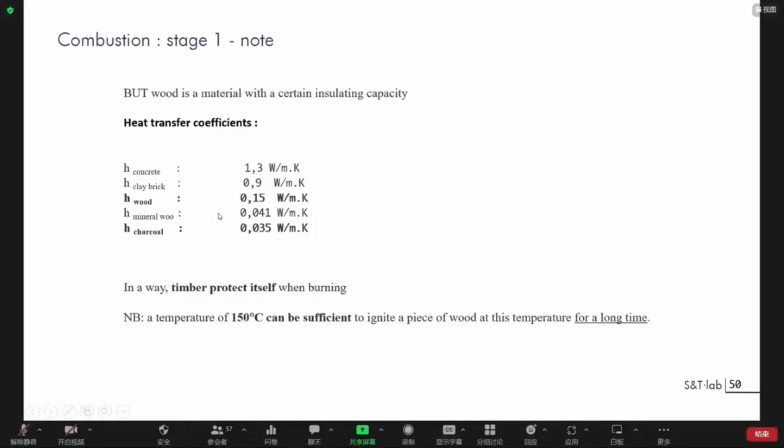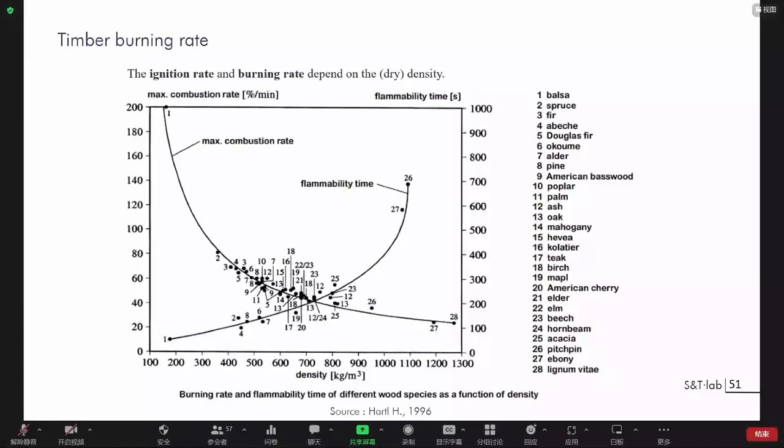So typically, insulation materials have a heat transfer coefficient of 0.040 watt per meter Kelvin, and timber will be below. Of course, this charcoal will be cracked and sometimes damaged, but this shows that timber is protecting itself with the production of charcoal, and that's the explanation of why the temperature can be maintained quite low inside the system in itself.